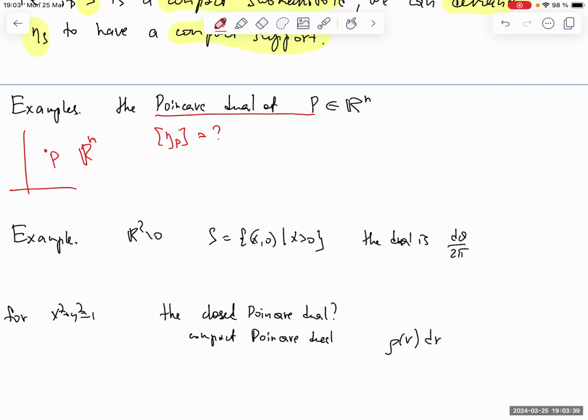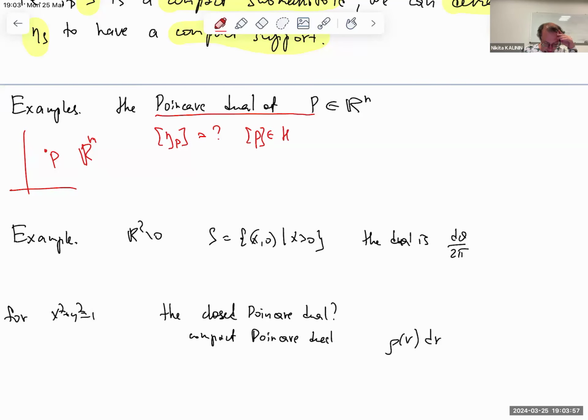Okay, at first, P represents the zero homology class, yeah? Who has zero homology class? P. Point.